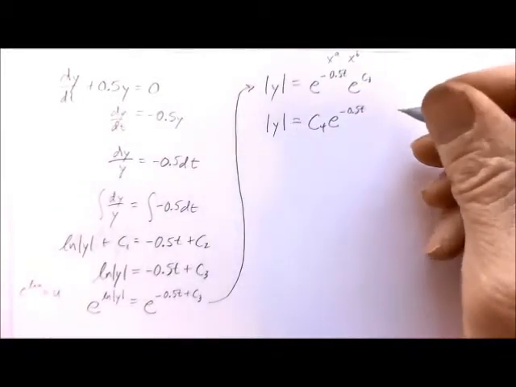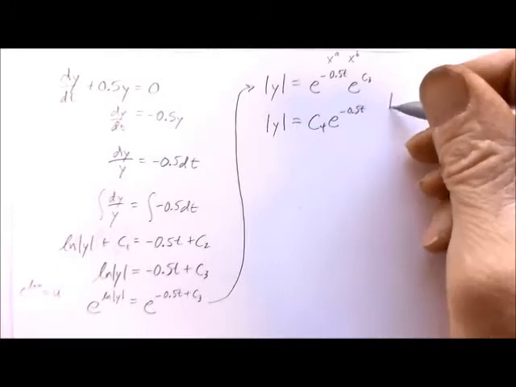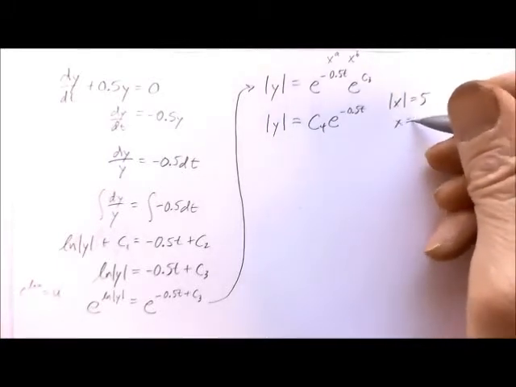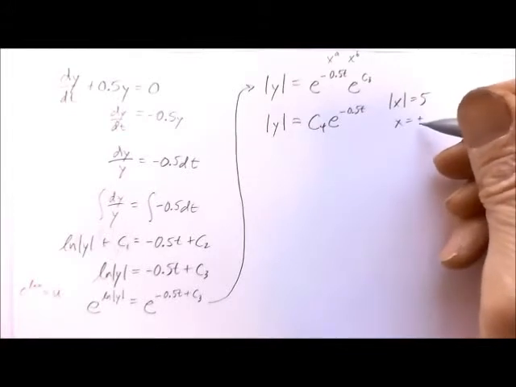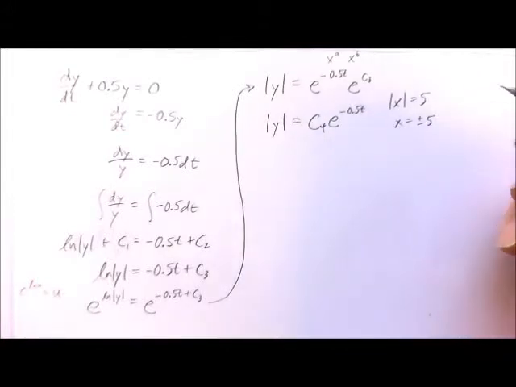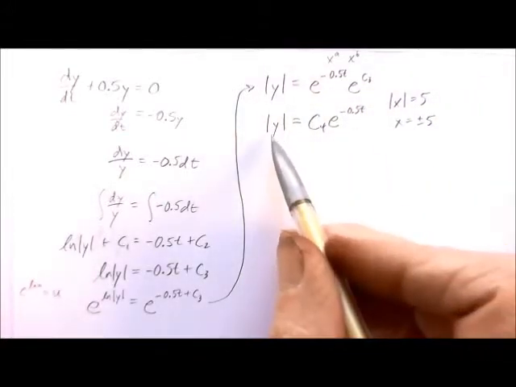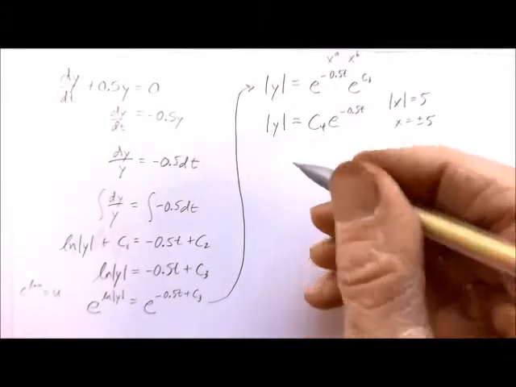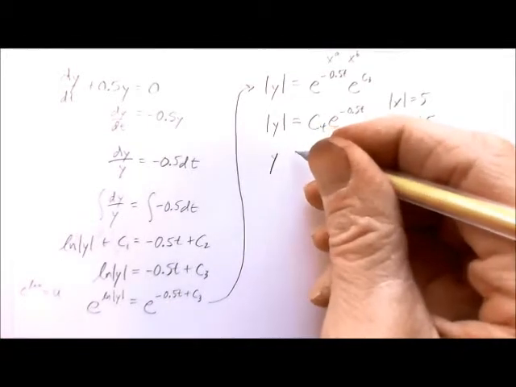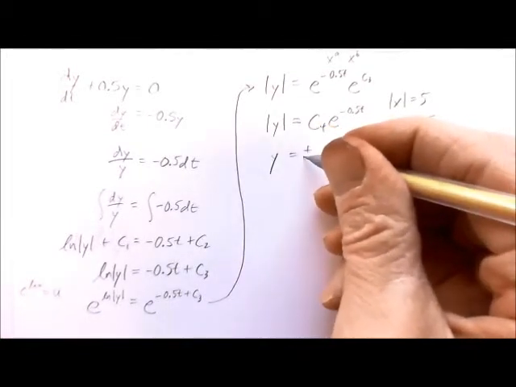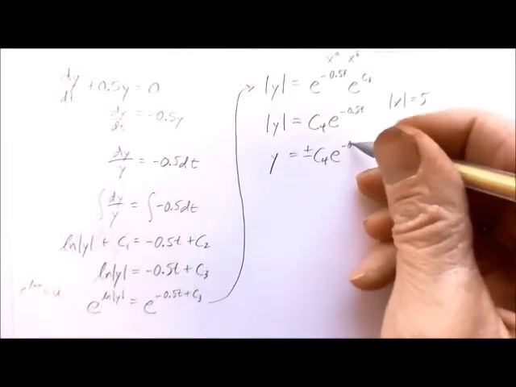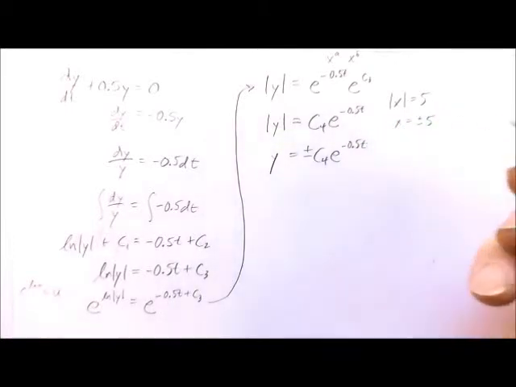Now, if I was to tell you, for instance, that the absolute value of x equaled 5, then that would mean that x is either 5 or negative 5. So x would be plus or minus 5. And same thing here. When we say the absolute value of y is c4 e to the minus 0.5t, then that means y itself is plus or minus c4 e to the minus 0.5t.